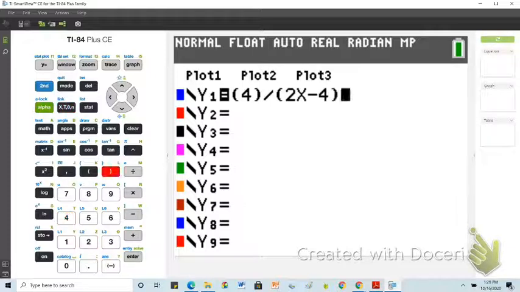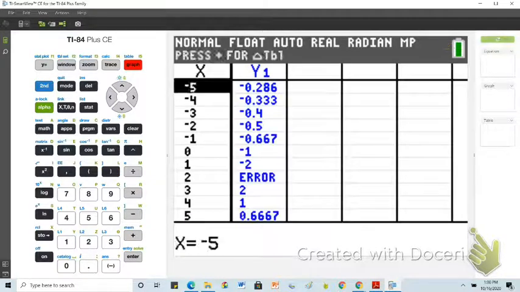You could also use your fraction bar, but if you do, when I go to my table, it will give me fractional answers instead of decimal answers, and since I'm graphing it, decimals are usually easier to deal with. So from here, to get my table of values, I go second graph, and now I can find some points on my graph that are easy to graph. So I have (-2, -0.5), (0, -1), (1, -2), (3, 2), (4, 1).